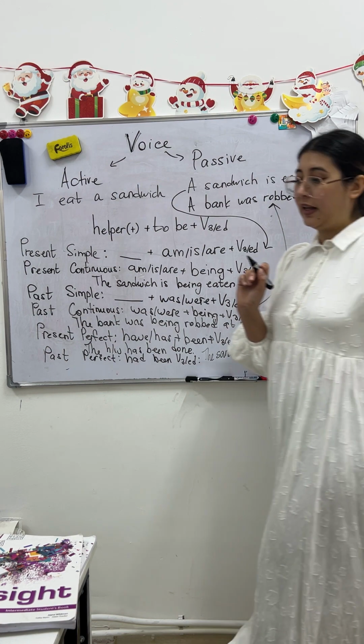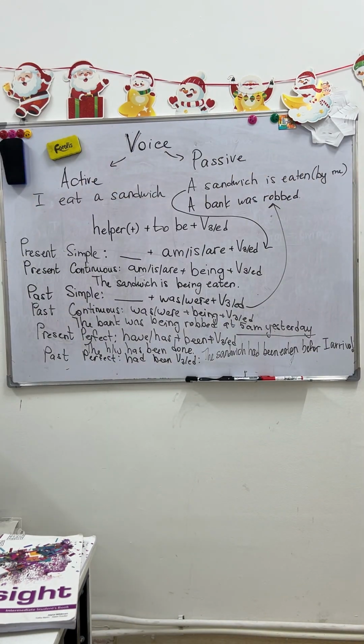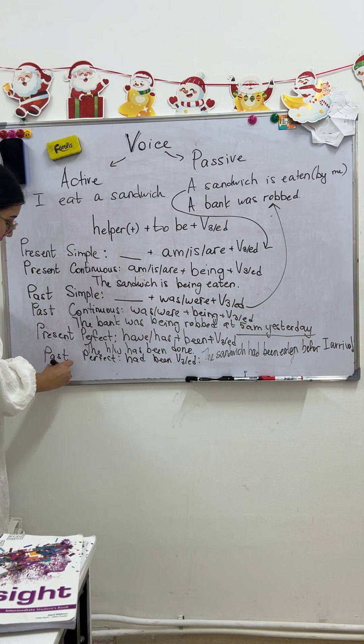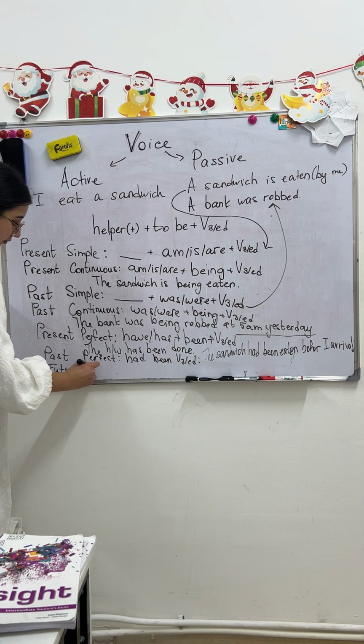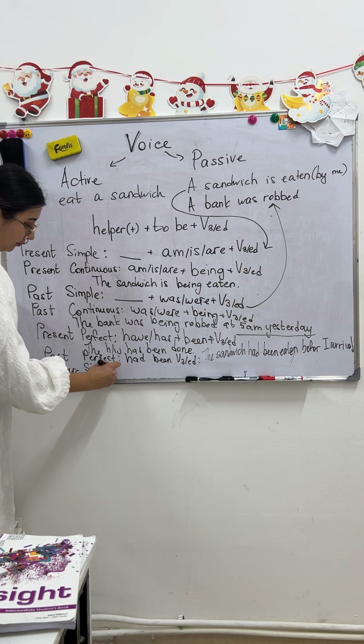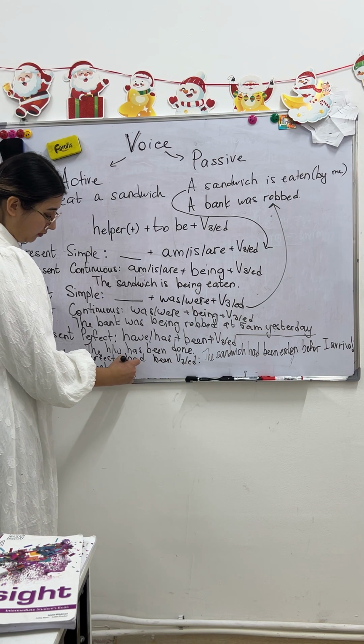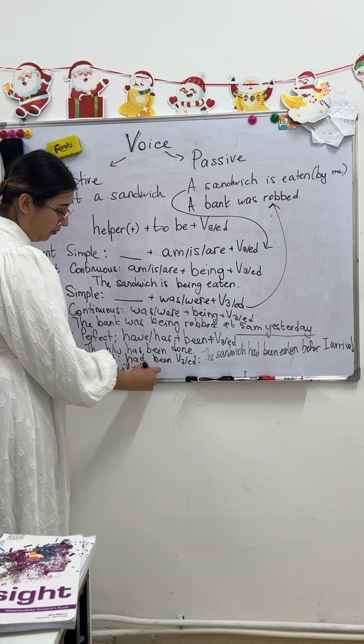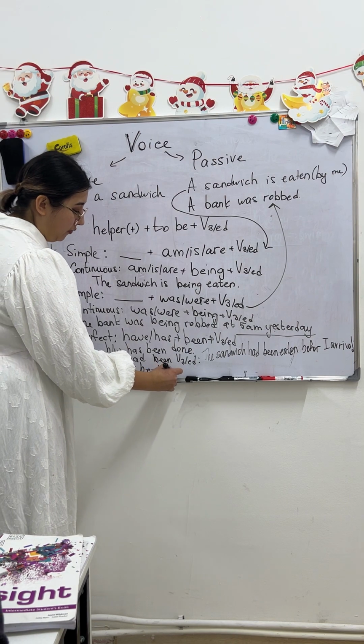Okay? So now, here we have only future simple passive. We don't have future perfect passive or future continuous passive, but you should understand that we still can use future perfect and future continuous with passive voice. The scheme does not change absolutely. So, how would you say future simple passive? Will plus be plus verb 3 or ed.